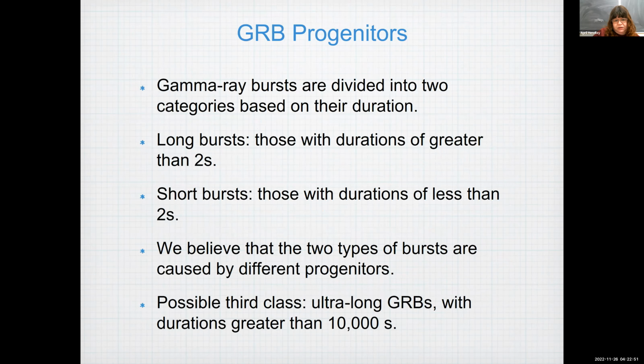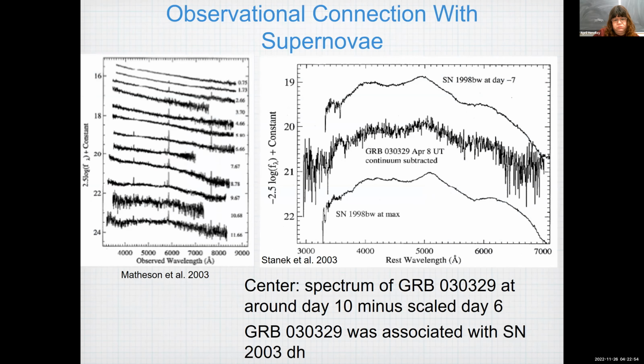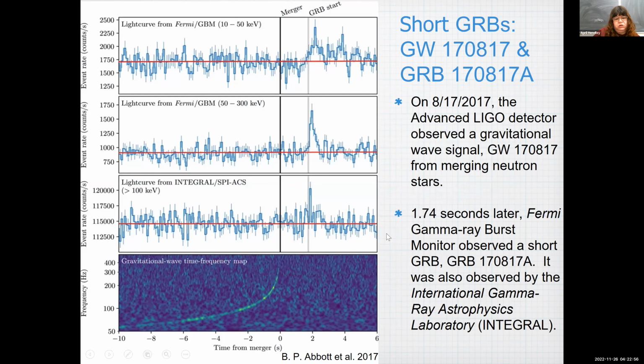I'll go back. Actually, this slide will work. It has to do with how spiky these things can be, like how it fluctuates rapidly with the brightness. That gives a maximum limit to their size, because the light of some astronomical object can only fluctuate as fast as light can travel across it.